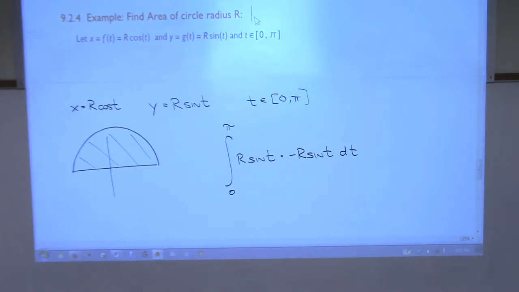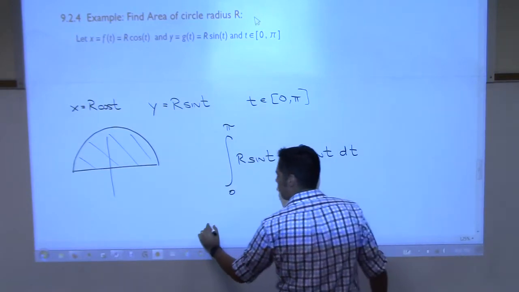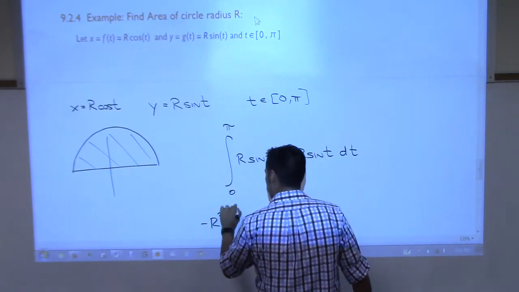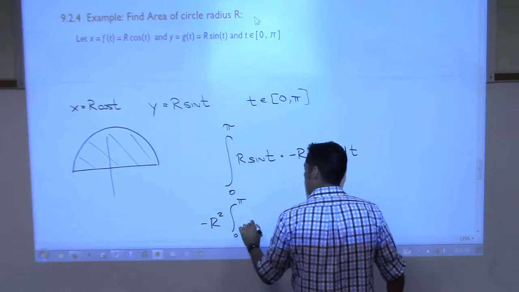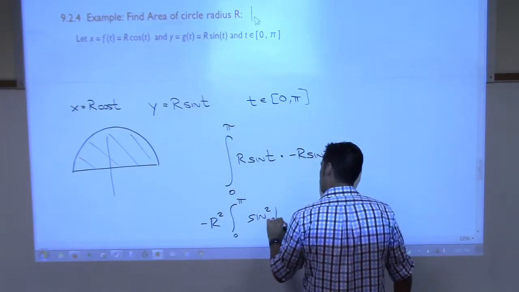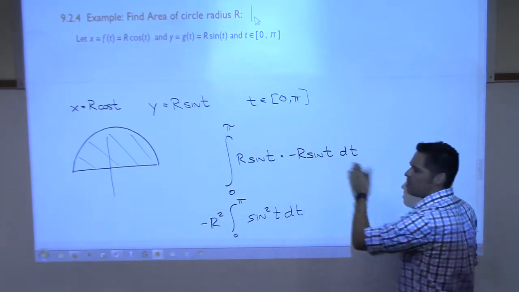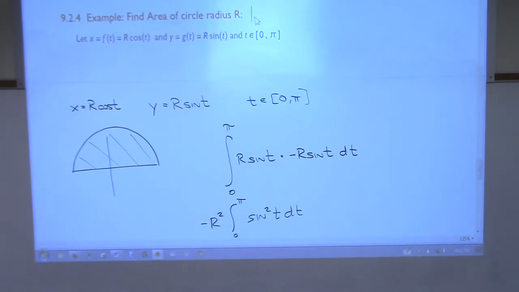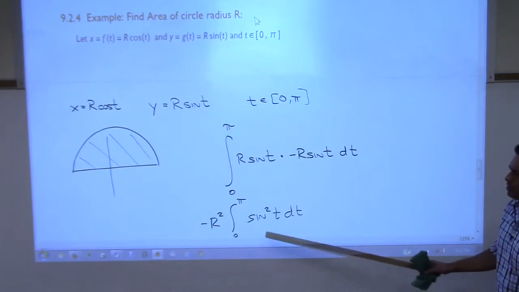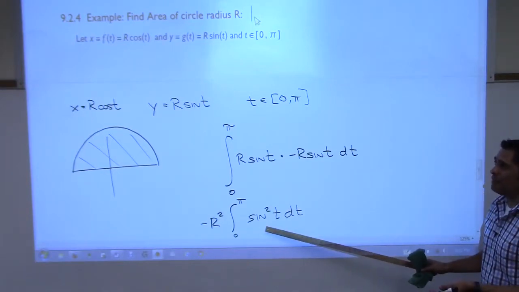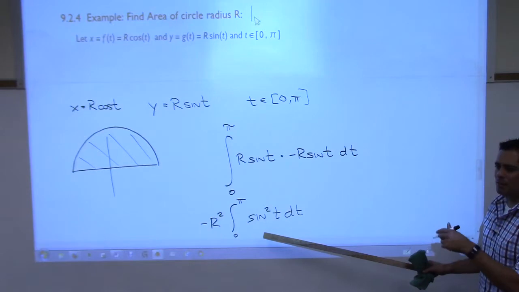Y'all agree with that? Okay. Factor out a negative r squared because r times r is r squared. And then all we're left with is sine squared t dt because we have sine times sine, right? And how do you deal with sine squared? Half angle identity or power reducing formula? This is going to turn into a 1/2 and then 1 minus something.